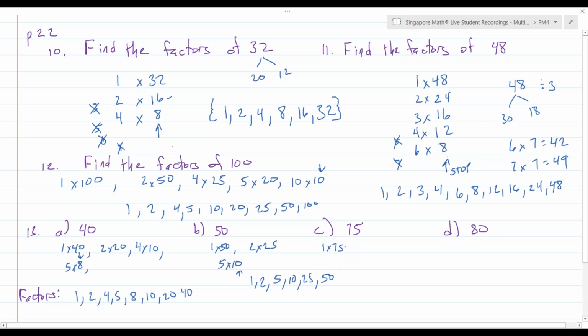75 is 1 times 75. 2 is not going to work. 3 times 25. 4 is not going to work. 5 times 15. 6 will not work. 7 doesn't work. 8 doesn't work. 9 doesn't work. 10 doesn't work. 11, 12, 13, 14.